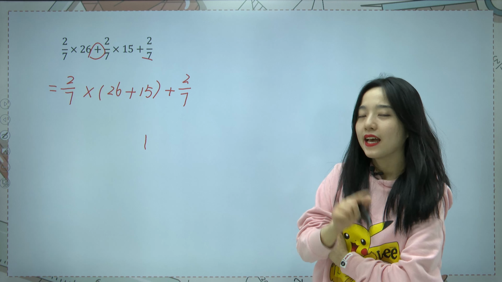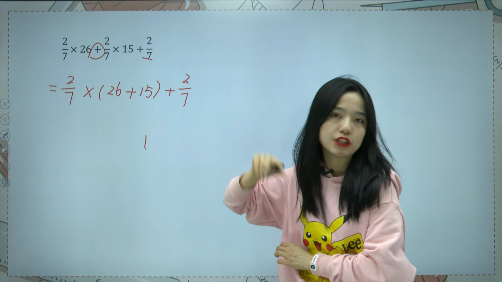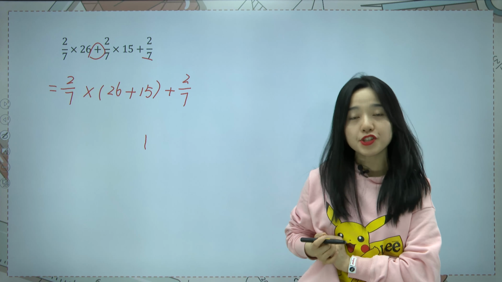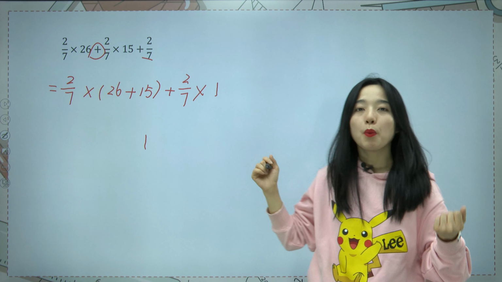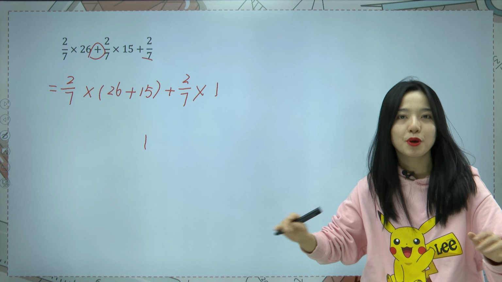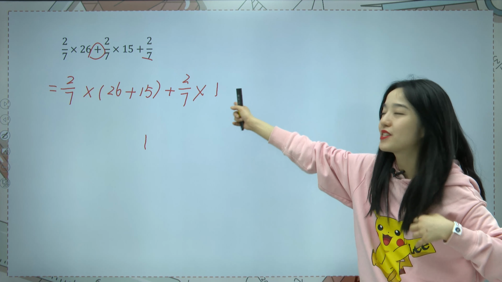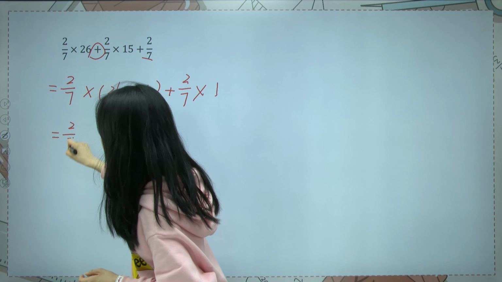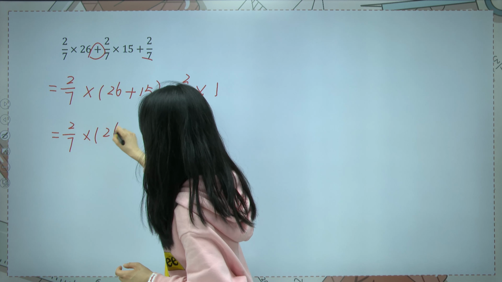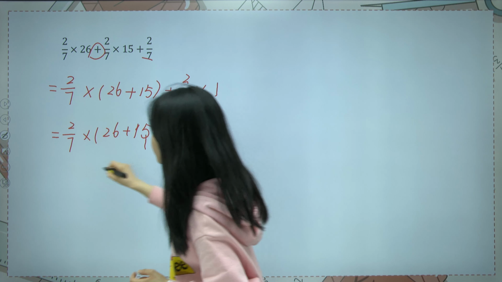So let's see, can we find a way to make this 2/7 into an operation? Don't forget the mirror number. The mirror number in multiplication is 1, because when we multiply 1 and any number, we will get the number itself. So that's why it's called a mirror. So here we can extract the 2/7 again, and we will get 26 plus 15 plus 1.